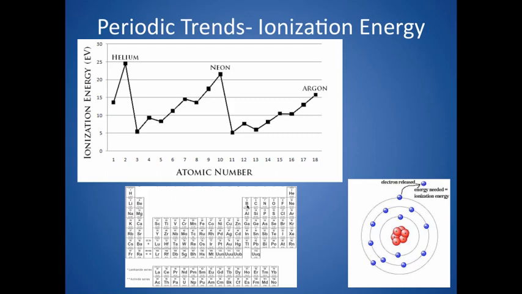So what we need to figure out is the trend first, say for a period. So let's start here, going from lithium all the way to neon. So here's lithium. Notice that the trend is increasing. It's not a perfect line, but it's increasing in general all the way up to neon.